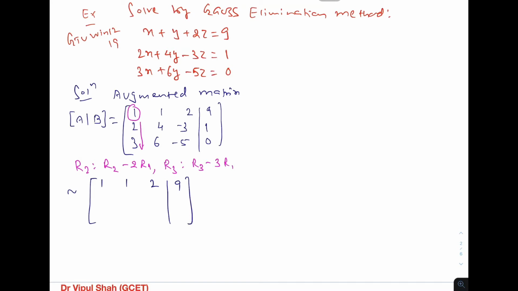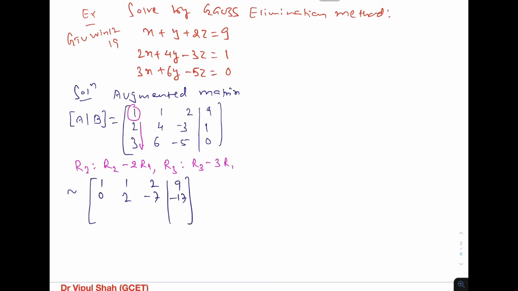Now R2 minus 2R1. So here we multiply by minus 2 and add. So minus 2 plus 2, 0. Again minus 2 plus 4, so 2. Minus 4 minus 3, minus 7. Then minus 18 plus 1, minus 17.